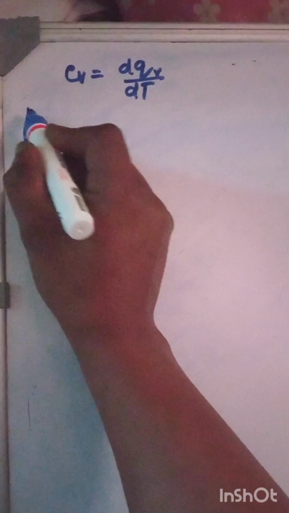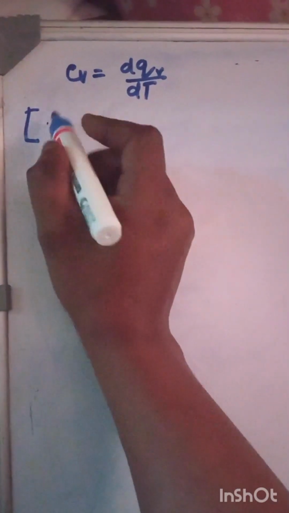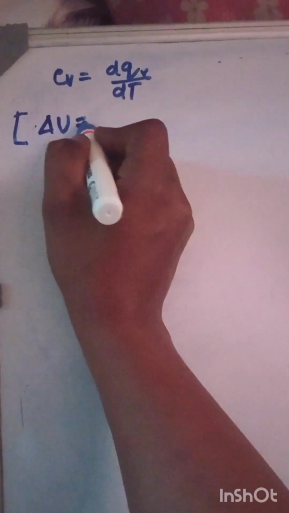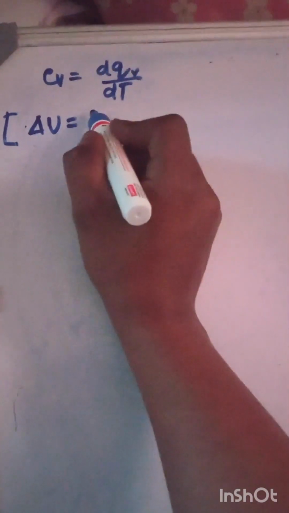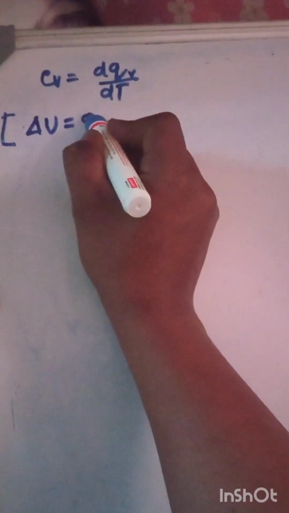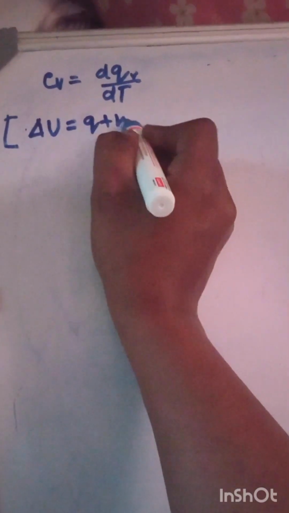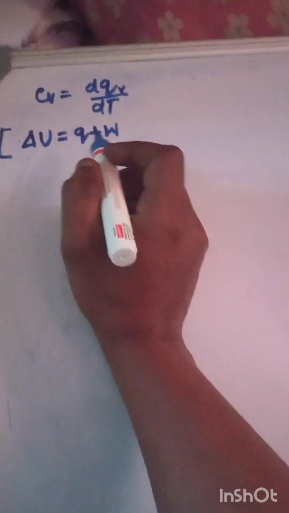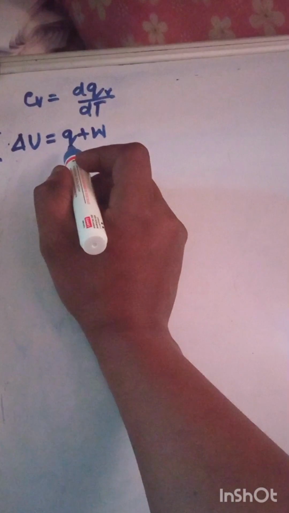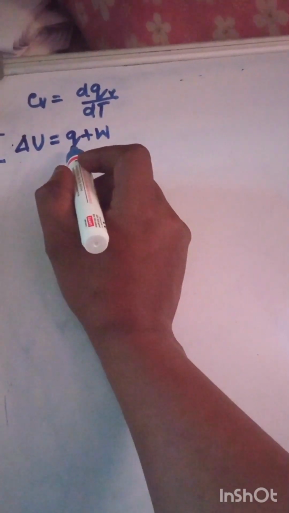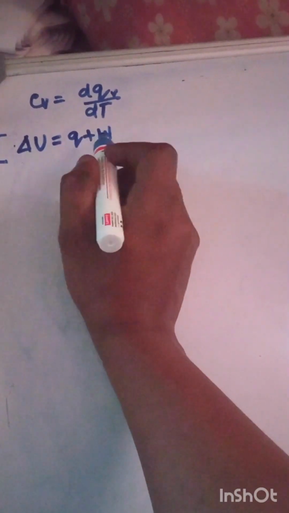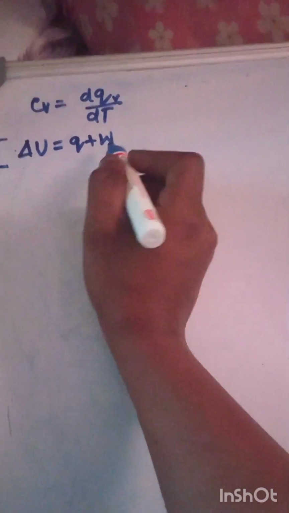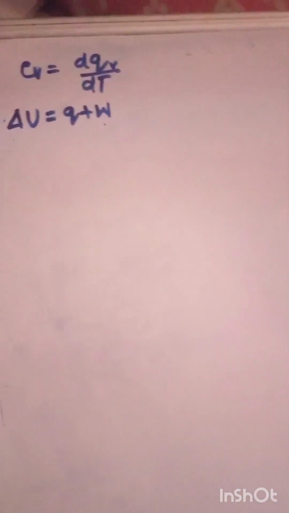Now, from the first law of thermodynamics, we know the change in internal energy U equals Q plus W, where Q is the amount of heat absorbed by the system and W is the work done on the system.